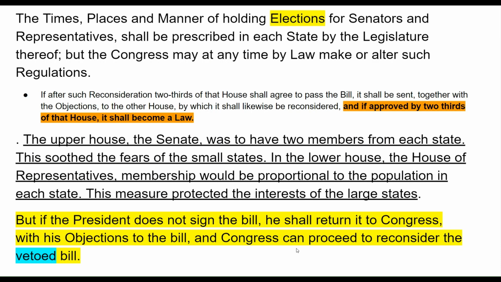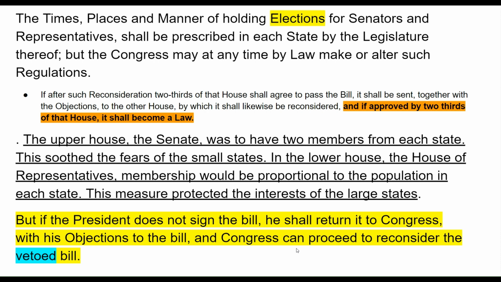If we look up at the very top in the original language of the Constitution, it says the time, places, and manner of holding elections for senators and reps shall be prescribed in each state by the legislature thereof. But the Congress may at any time by law make or alter such regulations. So that says election rules and voting rules are made up in states.